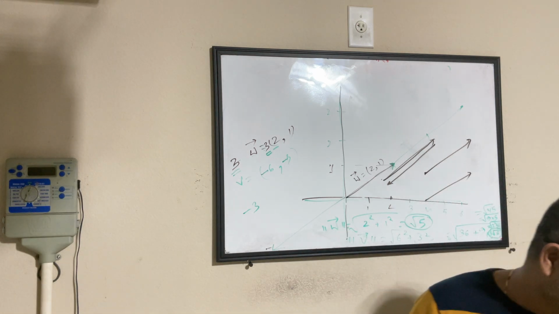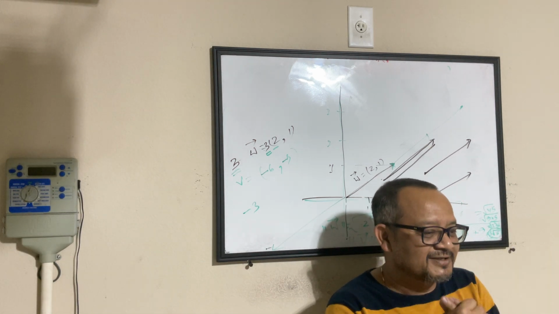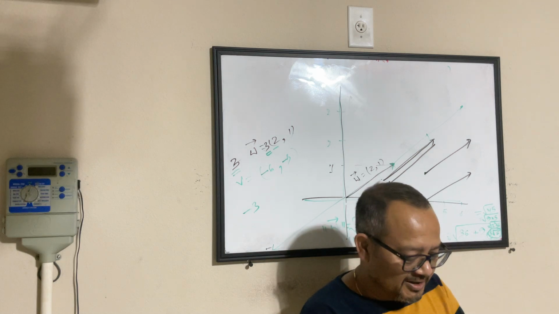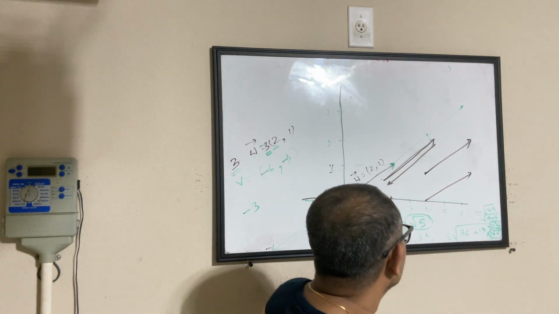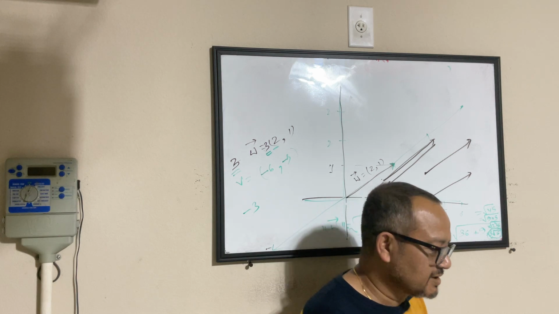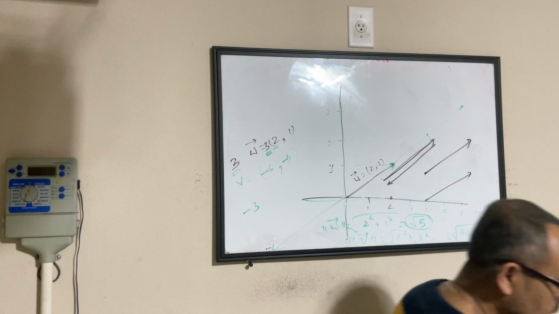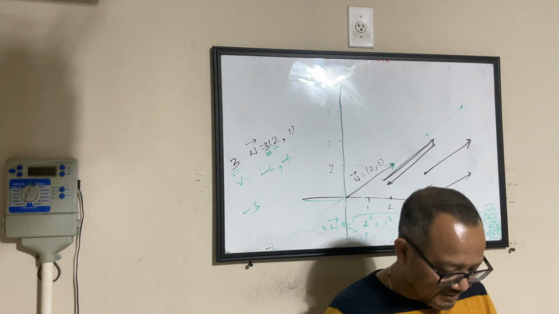Getting hands dirty is very good, okay? So when I teach you guys, the first thing I do is I wash my hands, because I practice maths to get my hands dirty. And I would expect you guys to do the same, because math is not a subject to study, it's a subject to practice. Okay? Alright, so this part, I'm assuming that you guys are clear, and if you're not clear, let me know.